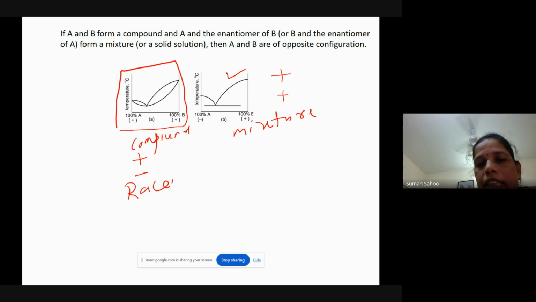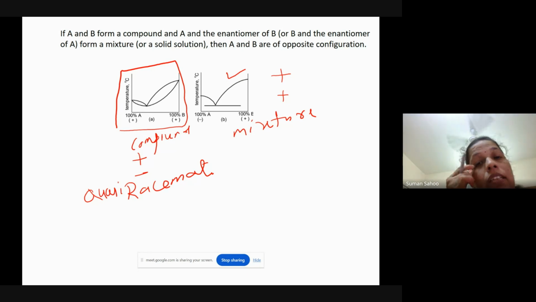But in this case, that is a quasi-racemate. We know a racemate is the mixture of two enantiomers of the same compound, but here we use the term quasi-racemate because both enantiomers are not from the same compound, but from similar compounds.